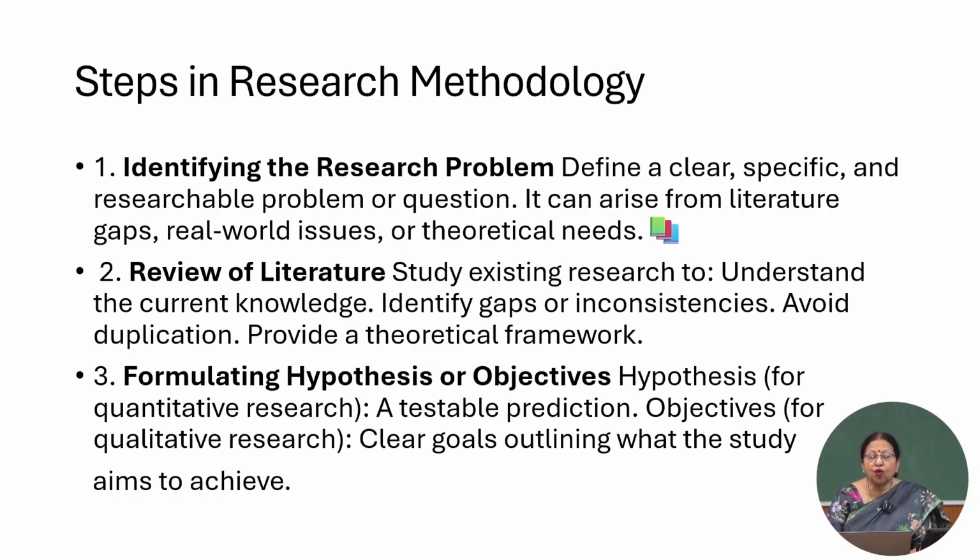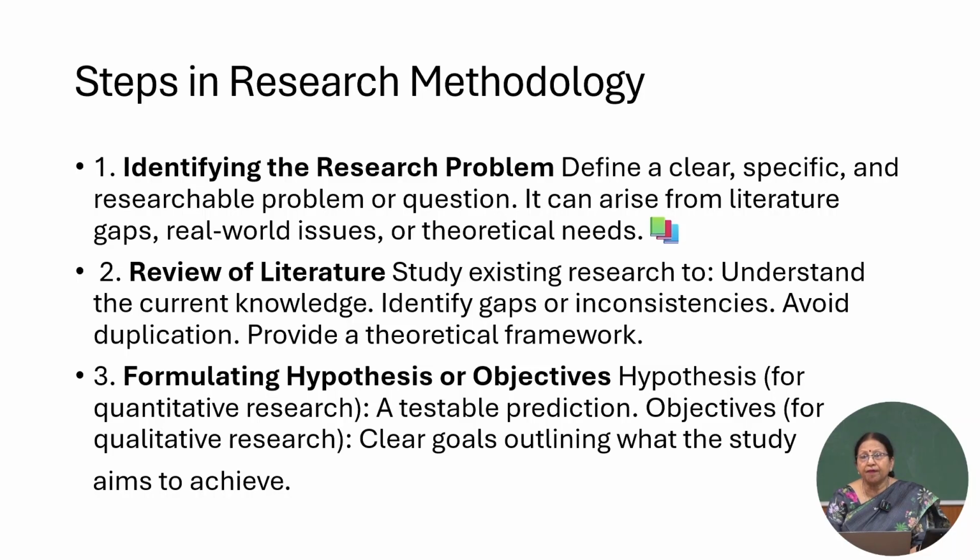Second is review of literature. A very thorough literature review is required. Study existing research to understand the current knowledge, identify gaps or inconsistencies, avoid duplication, provide a theoretical framework.